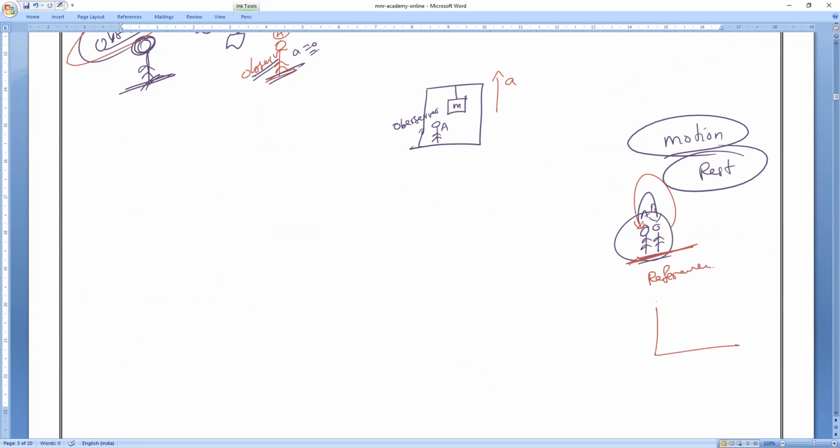Now, one boy sits in the bus, and another boy stands outside the bus. Now you tell me, with respect to A, is B in a state of motion or a state of rest? Motion. And with respect to B, is A in a state of rest or a state of motion? Motion. You understand? So based upon the observer's position, that is what we call the reference point.